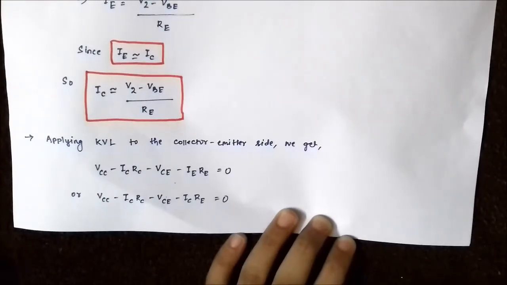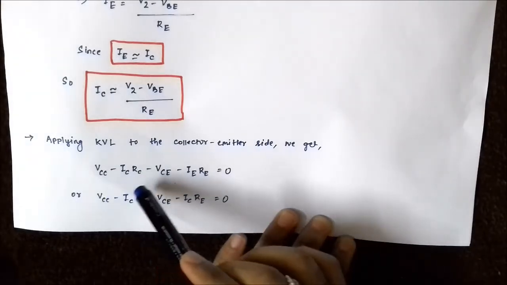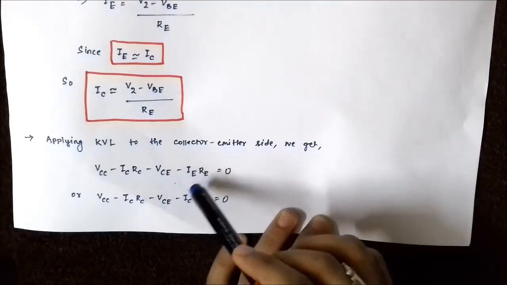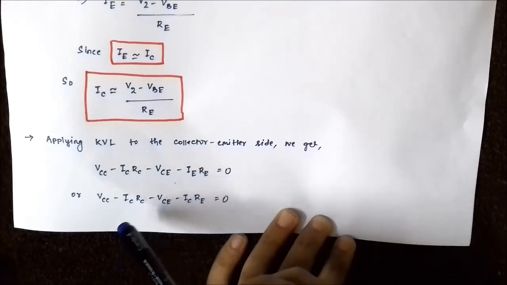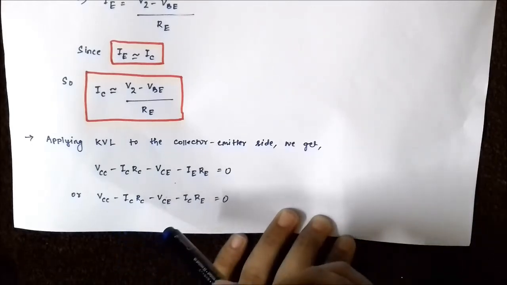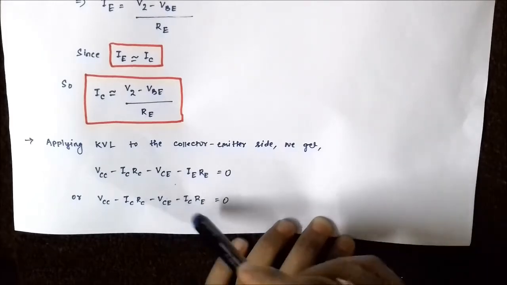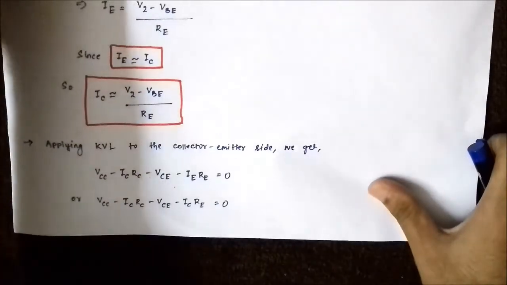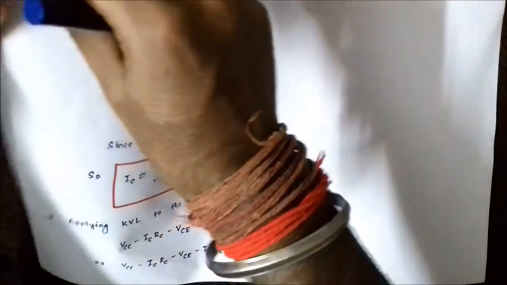So when we applied KVL to the output side, the collector emitter side, we got this KVL equation: VCC minus ICRC minus VCE minus IERE. Here we are going to replace IE with IC, as IE is nearly equal to IC. So we get VCC minus ICRC minus VCE minus ICRE is equal to 0. We will take IC common with RC and RE, and we'll get the value of VCE, which is the collector to emitter voltage.